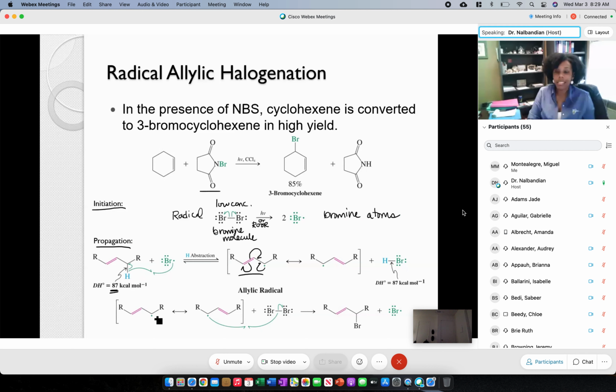We can draw these resonance forms, the same resonance forms that we talked about before. So we can break this bond. It's easily broken. And as we break the bond, we are making an allylic radical that is stabilized by resonance.